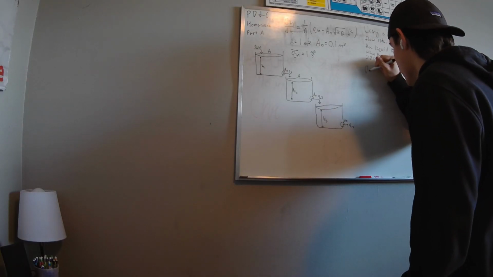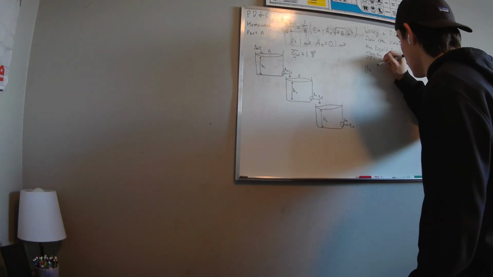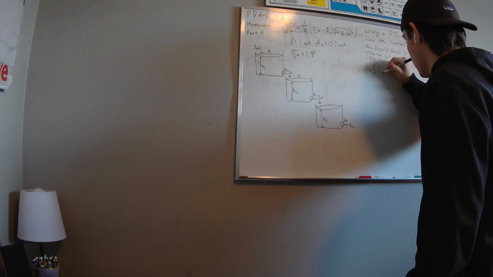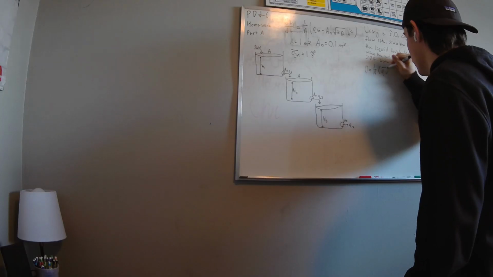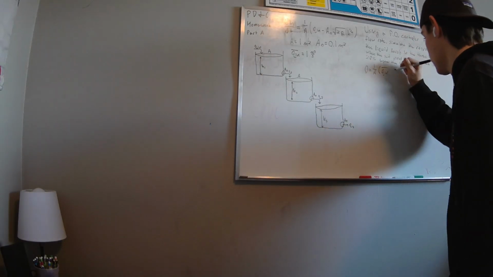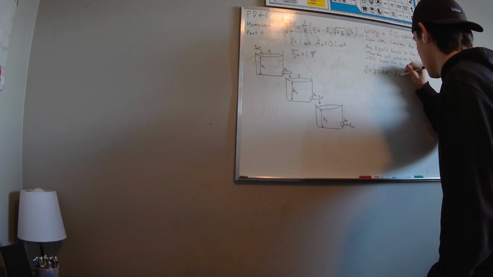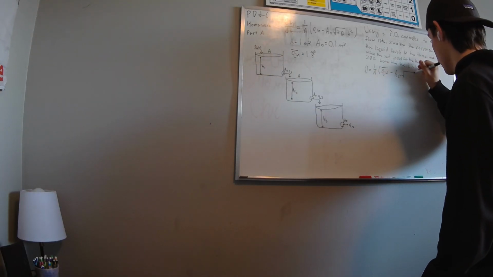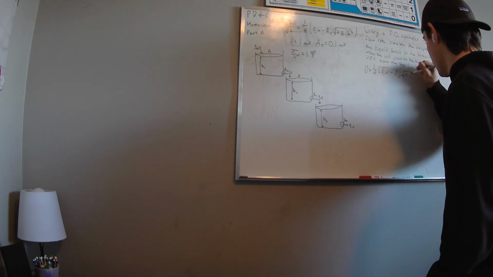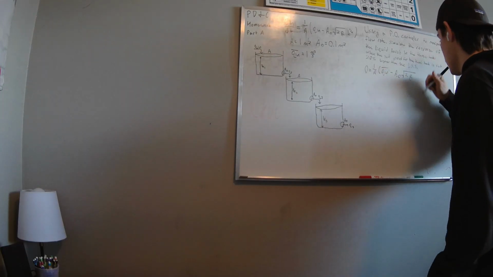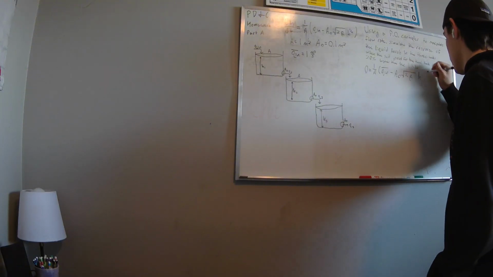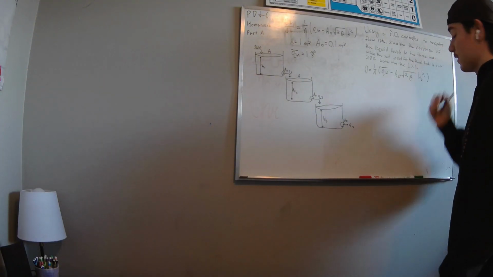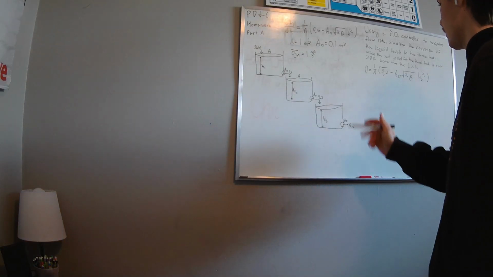It gives us 0 equals 1 over A times Q in at our initial steady state minus the area of the drainage hole times the square root of 2 times the gravitational constant times h naught to the 1 half. Now I'm calling this h naught because it's our initial height in tank 3.